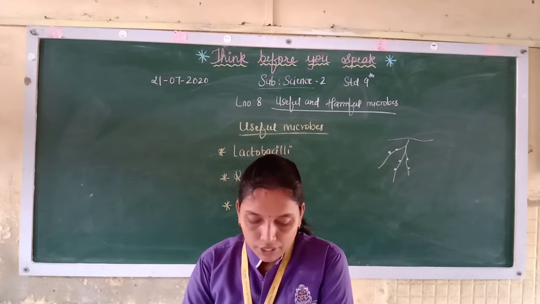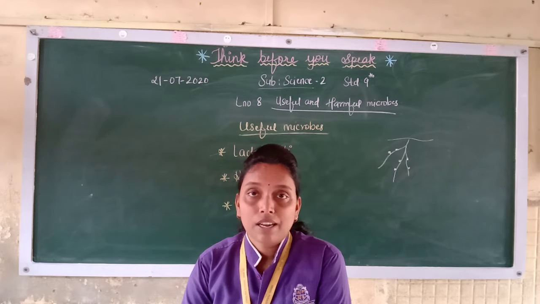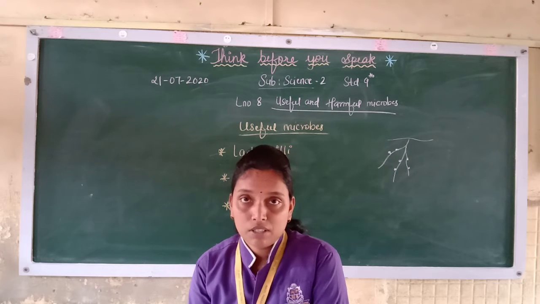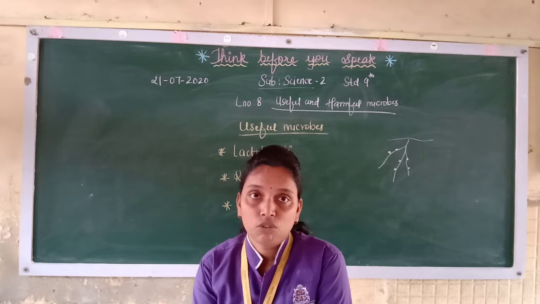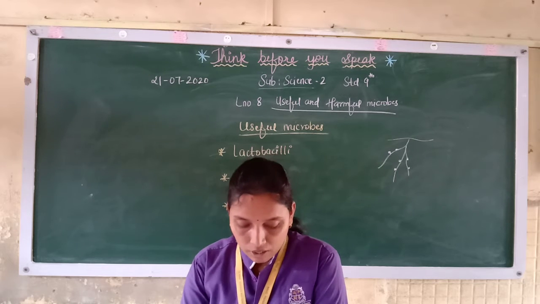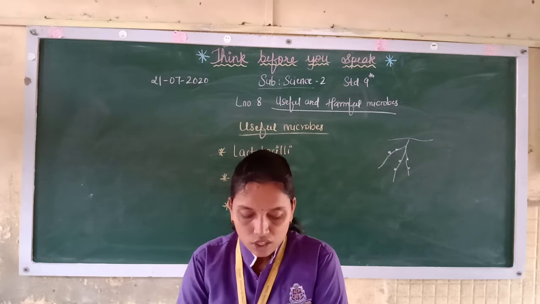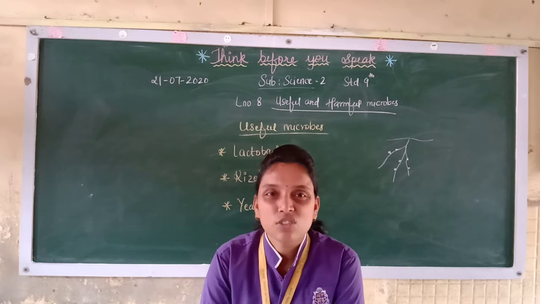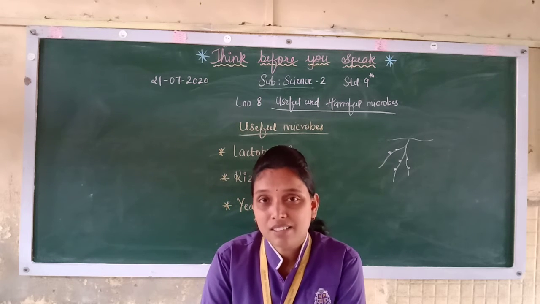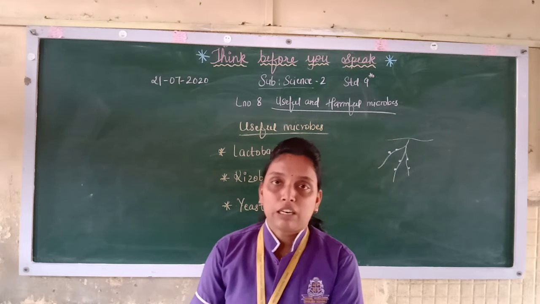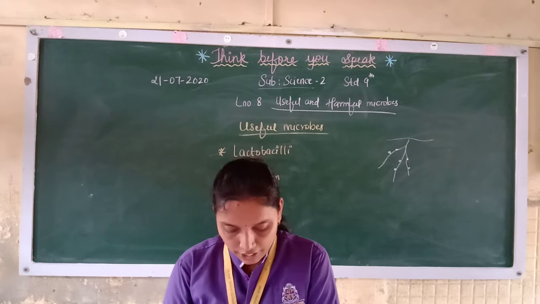They depend on lactobacilli bacteria because of that only they are making their products. So production of milk products like cheese, butter, buttermilk. These industries are producing them, and that is happening because of lactobacilli only.